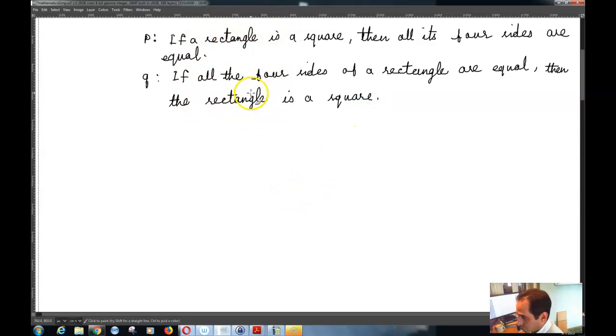So these are the 2 statements that we have.